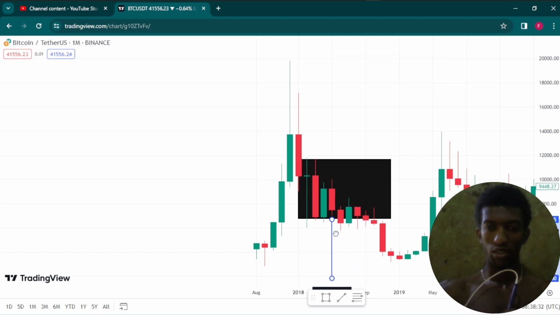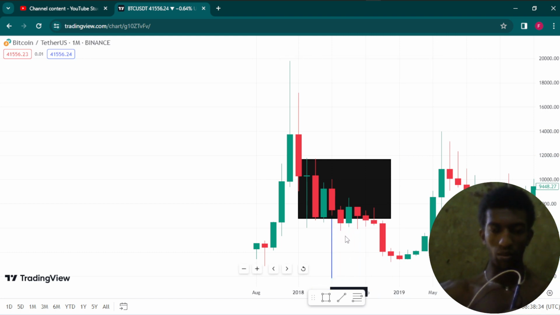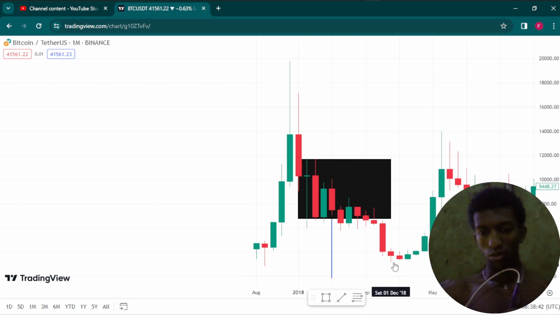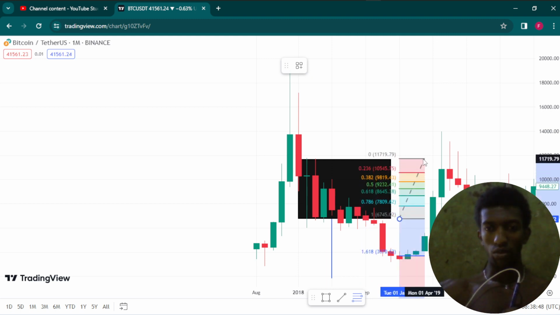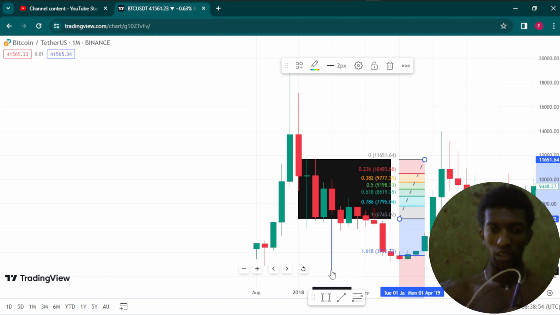As you can see, it never hits the TP, so trailing a stop loss has a major role in this strategy, right? It was too close to the take profit, but it never hit it. If you draw the Fibonacci, you can see that the Fibonacci's TP was hit, but never our black box TP.